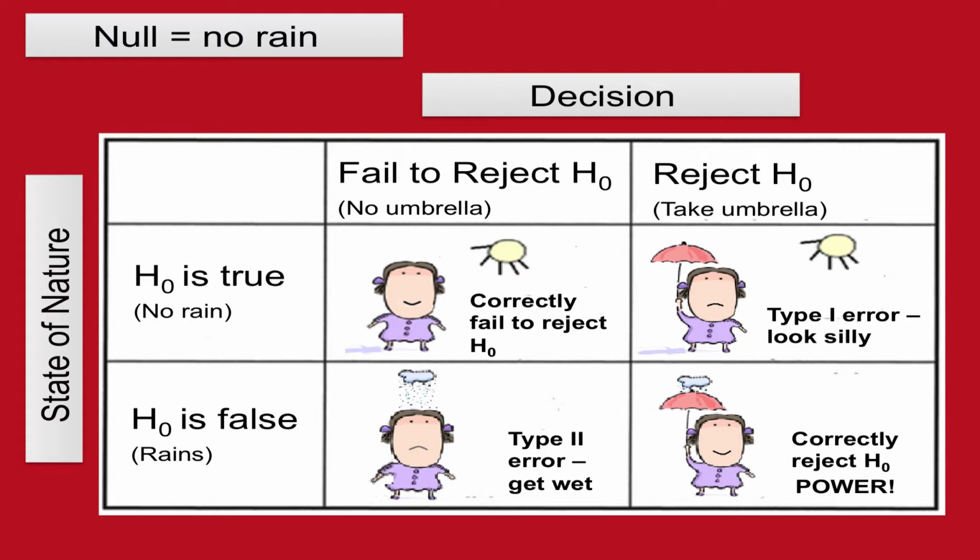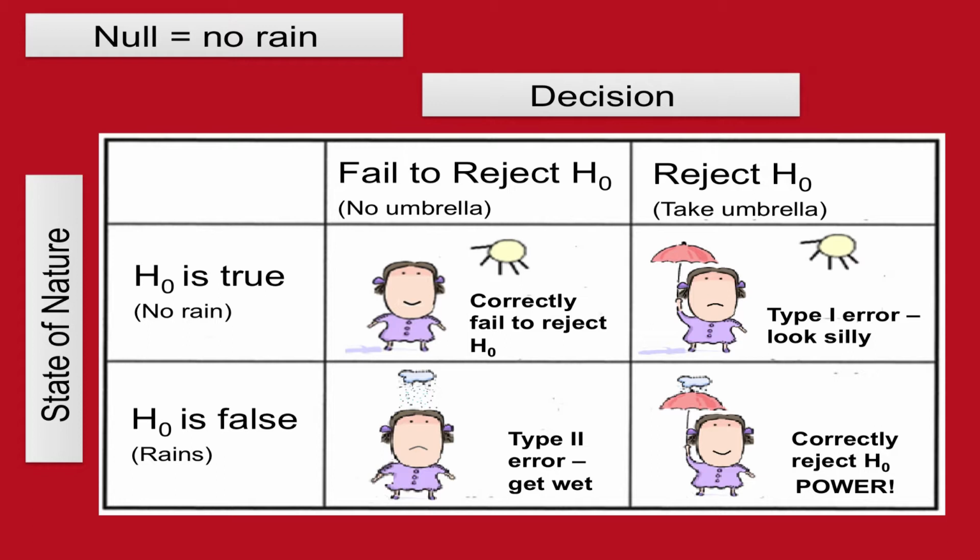Should I take my umbrella? You're not sure if it's going to rain, so you have to make a decision. If the null is true, and it doesn't rain, and you don't take your umbrella, that means you failed to reject the null, and you have made a correct decision. You correctly failed to reject the null.